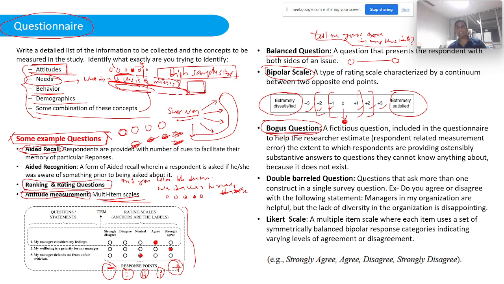So you can ask some questions that are not relevant, where it is intended that the user will make some error.